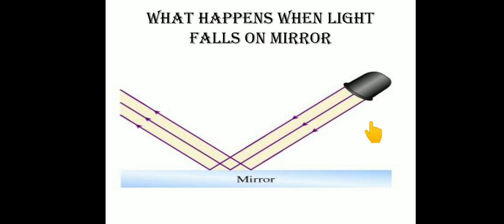So what happens with an opaque object? In an opaque object, the light can be absorbed or can be reflected back. As a mirror has a shiny surface, light falls upon the surface of the mirror and reflects back in the same direction.